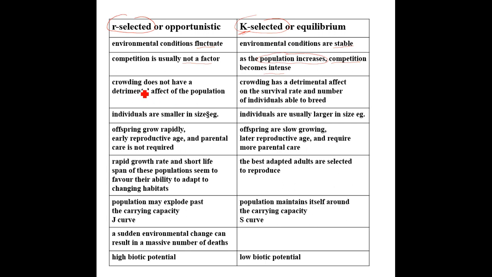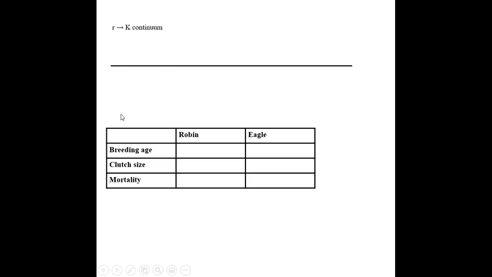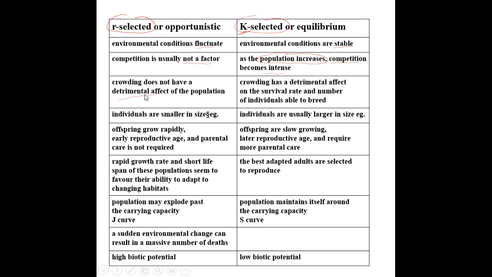So crowding doesn't seem to have a detrimental impact on R-selected populations, whereas it has a huge impact on the K-selected populations.